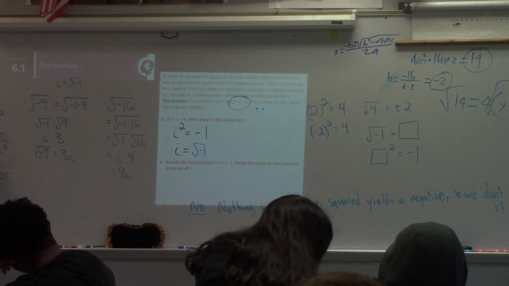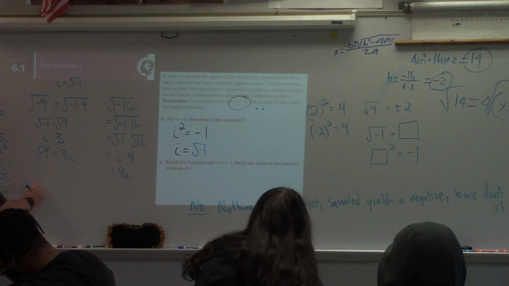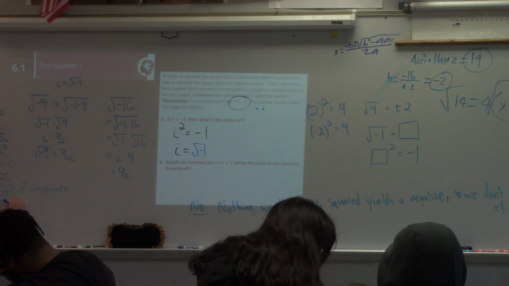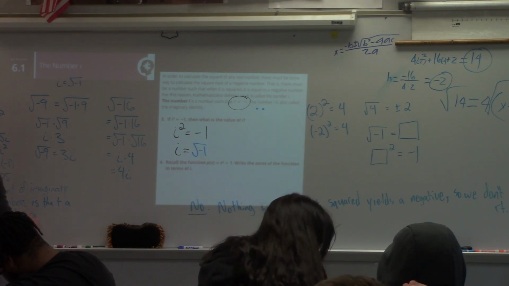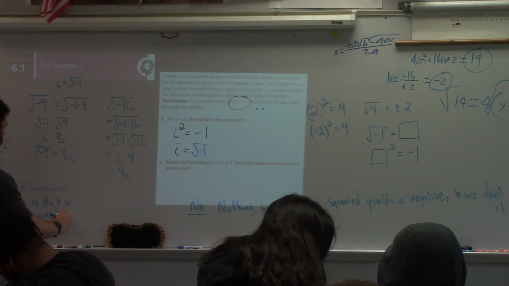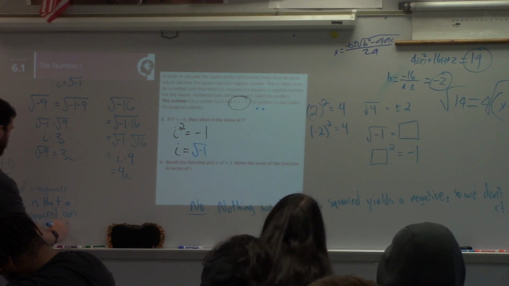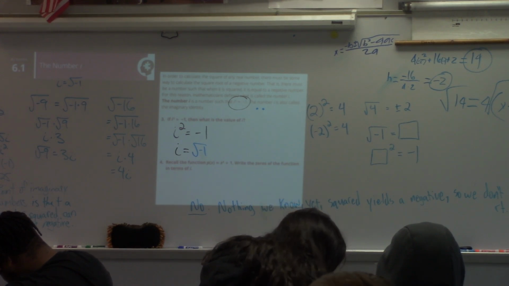So this is the point. The point of imaginary numbers is that a number squared can now be negative. So the point of the imaginary number is now when you square i, you can get a negative.